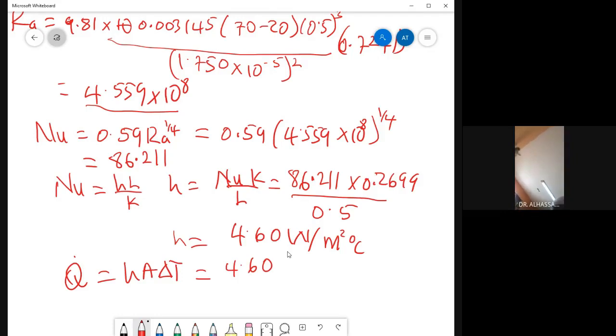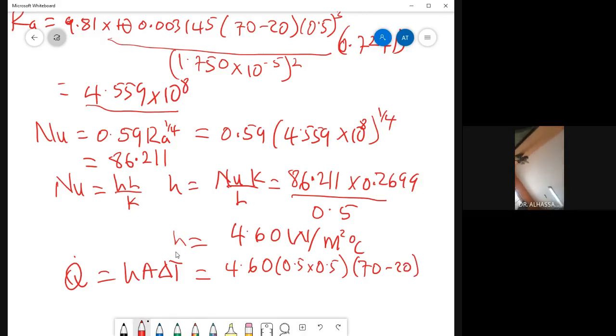The area is 0.5 times 0.5, so 0.25. Then times the temperature difference, which is 70 minus 20.